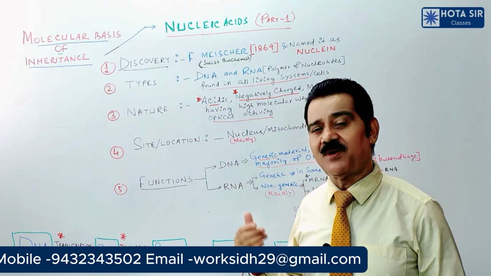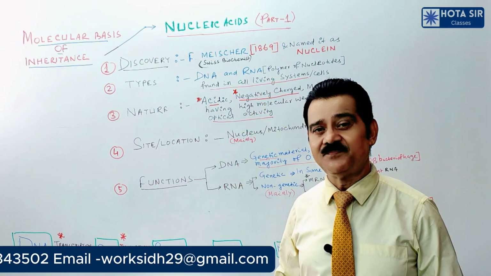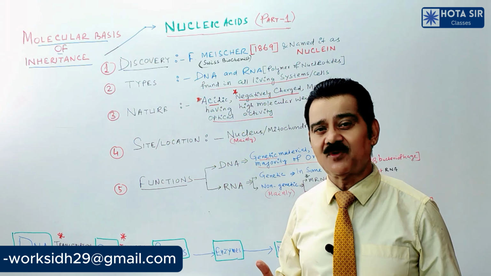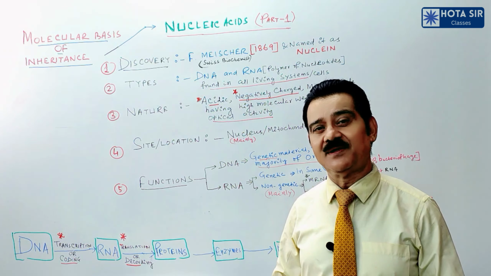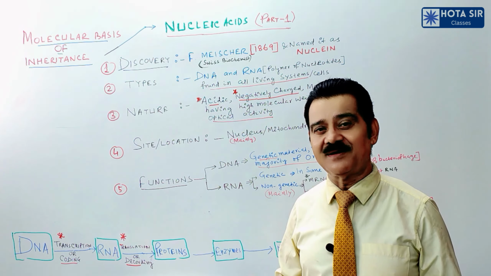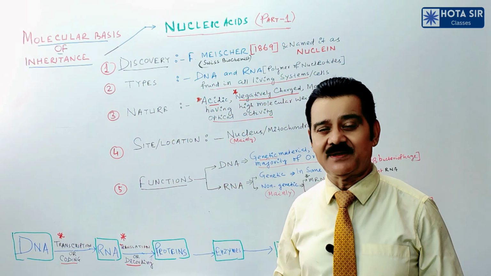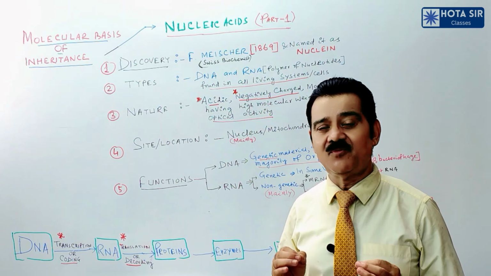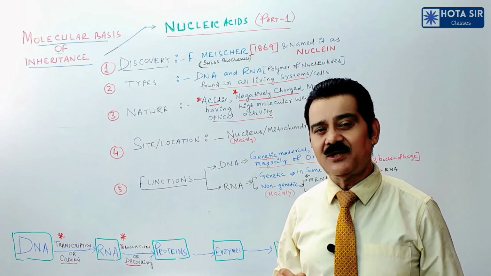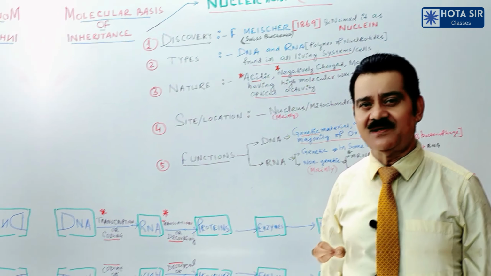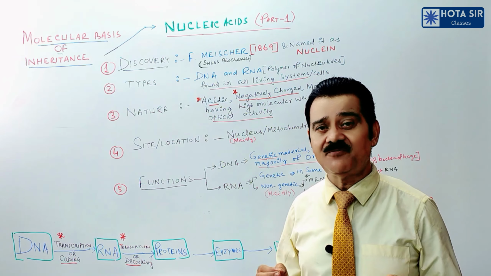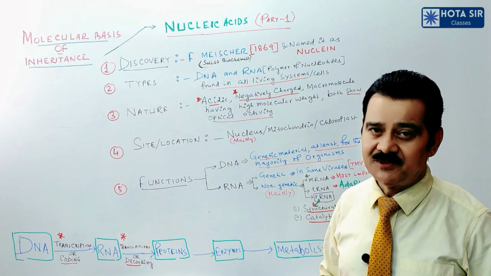Now children, next point to see the types of nucleic acid. Through chemical analysis of chromosome, it was found that there are two types of nucleic acid, that is DNA and RNA. DNA is deoxyribonucleic acid and RNA is ribonucleic acid. Both the nucleic acids are found in all living system or cells, and we cannot think of life without these two nucleic acids.